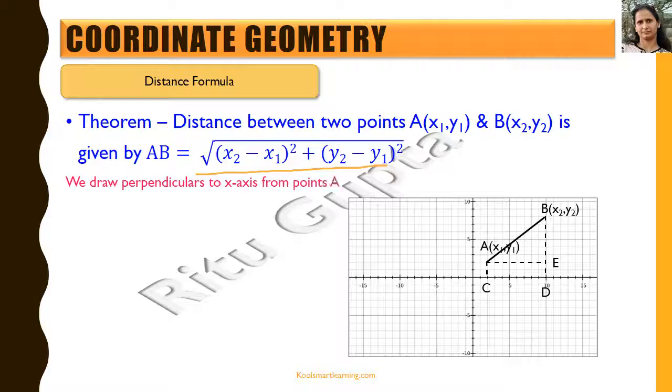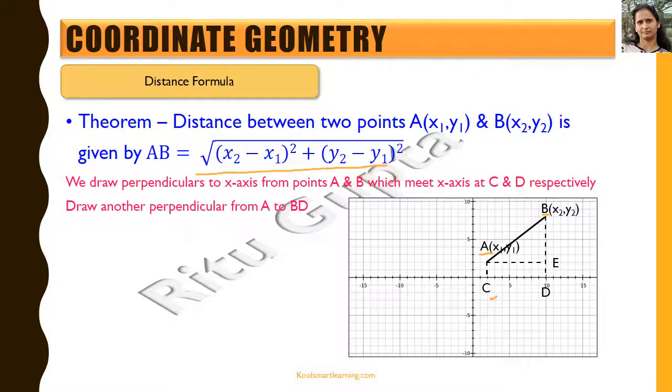So now from these points we draw perpendiculars from both the points A and B. We draw perpendiculars to the x-axis to meet the x-axis in points C and D respectively. So we make AC perpendicular to the x-axis, and similarly we draw BD perpendicular to the x-axis.